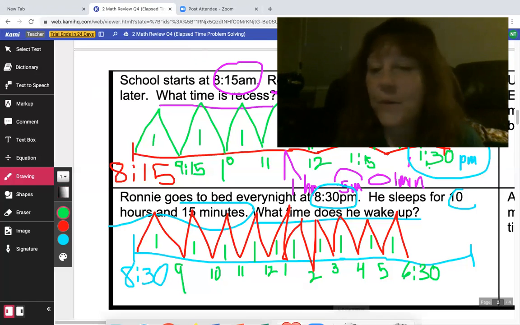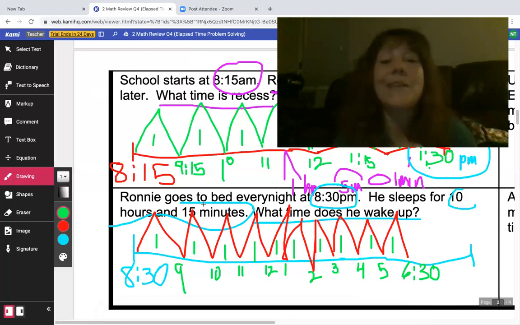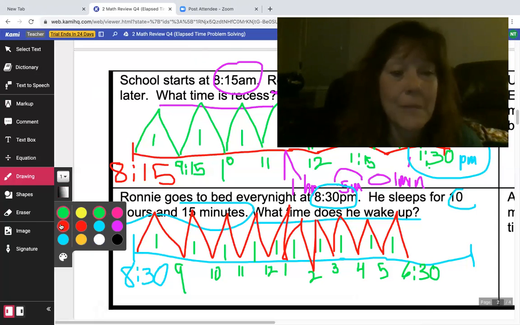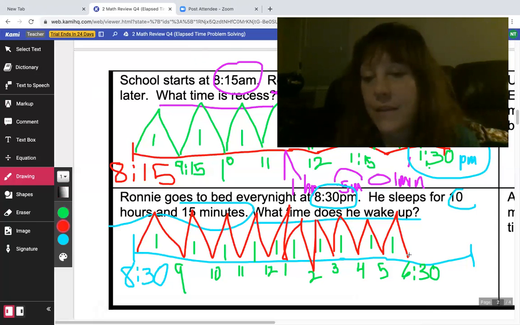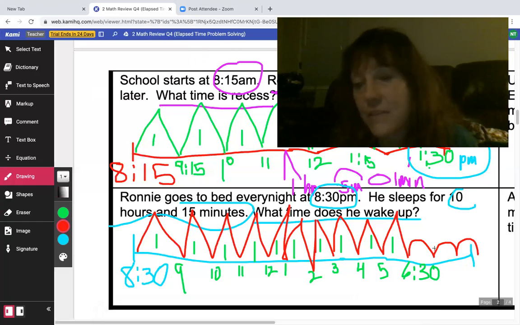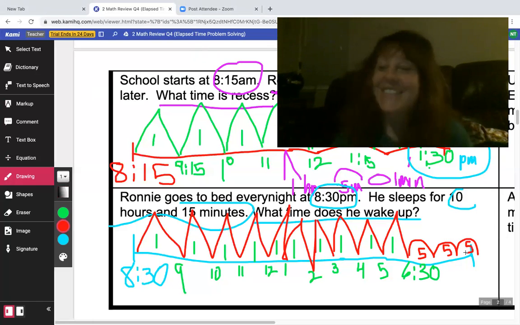All right, so we're at 6:30, but he actually slept 10 hours and 15 minutes. So we still have to add 15 minutes. So let's do that. There's 5 minutes, 5 minutes, 5 minutes, right? So that's 15 minutes. So 6:30, 6:35, 6:40, and 6:45.